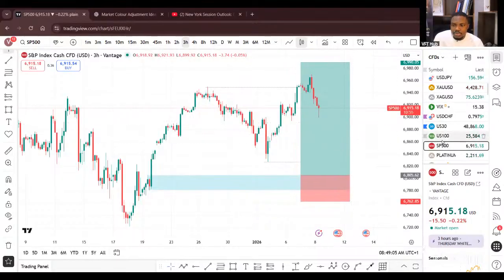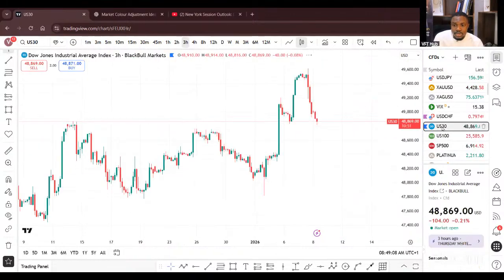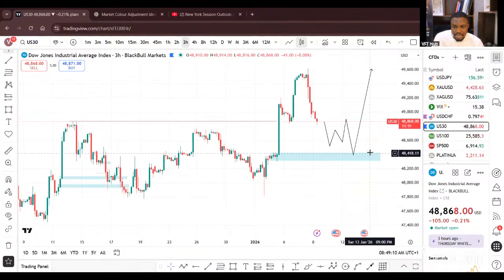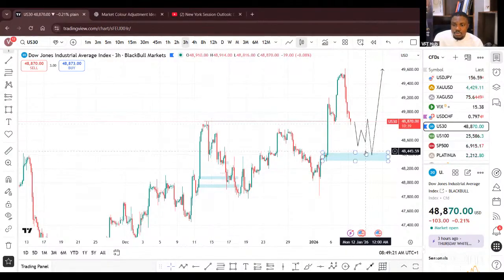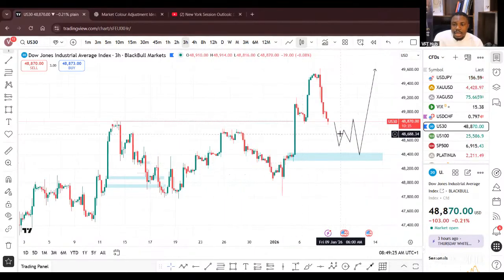The closest price and the closest setup today, looking as though it's US30. Yes, it's looking as though it's US30. But then we would just be patient to see how price reacts off from this zone. Hopefully price comes into this and then gives us our signature. Remember, if we don't have any form of engineered liquidity here, there's no point taking trades.